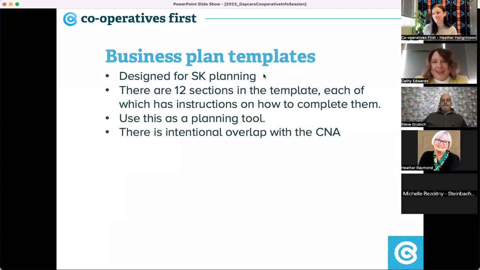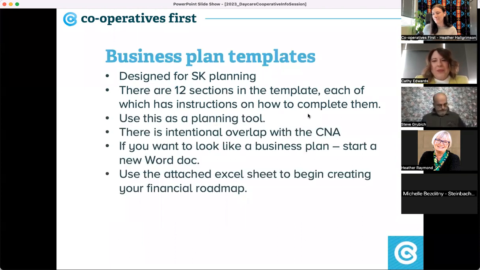Thanks, Heather. The reason we took the approach of a business plan template is that in Saskatchewan, the primary driving document that the government reviews when considering funding is a community needs assessment form. In the business plan template, the sections incorporate everything you need for a community needs assessment, but it goes further than that.